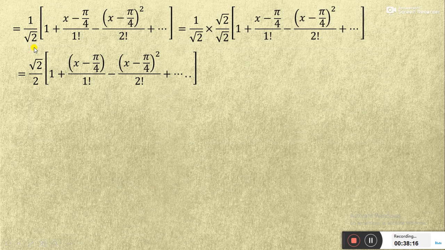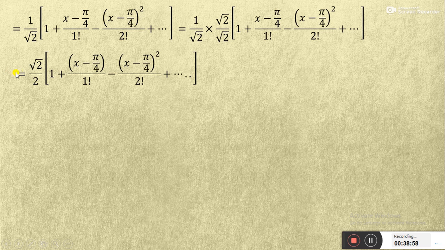Now I take the 1 by root 2 out from the equation. So 1 plus x minus pi by 4 by 1 factorial minus x minus pi by 4 whole square by 2 factorial plus etc. I write it as 1 by root 2 and multiply and divide by root 2, so root 2 by 2 into 1 plus x minus pi by 4 by 1 factorial minus x minus pi by 4 whole square by 2 factorial plus etc. This is the expansion for sin x.